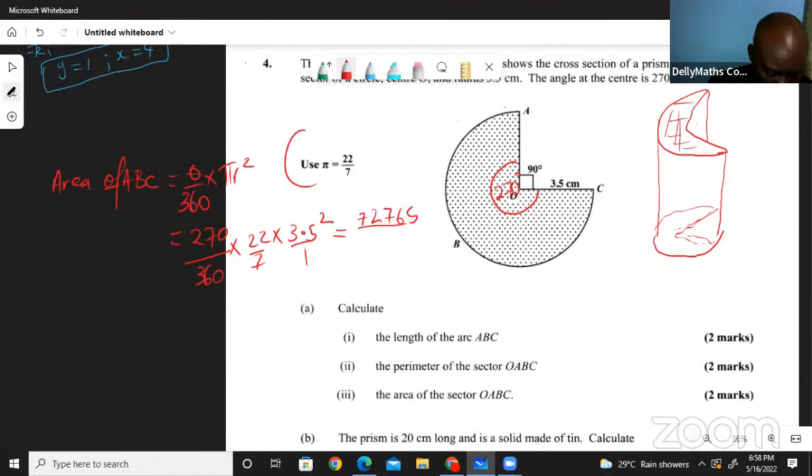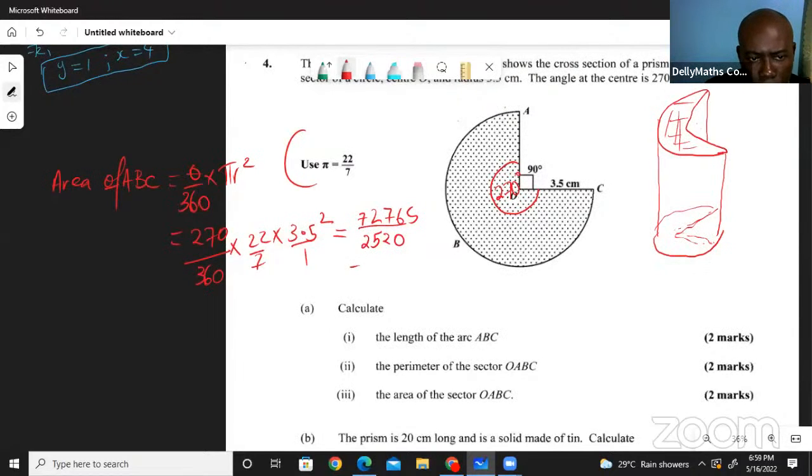So we're talking 270 times 22 times 3.5 times 3.5. All right, good. And then we're going to divide by 2,520 at the bottom.